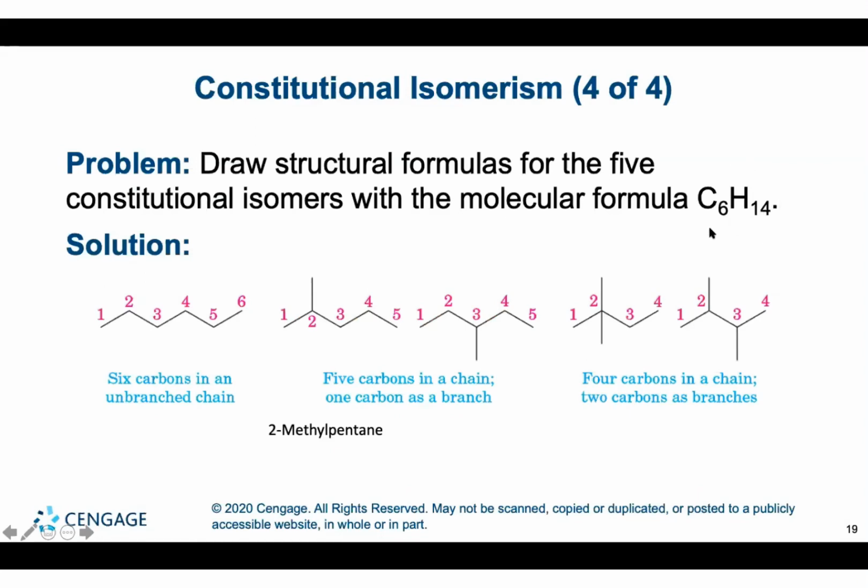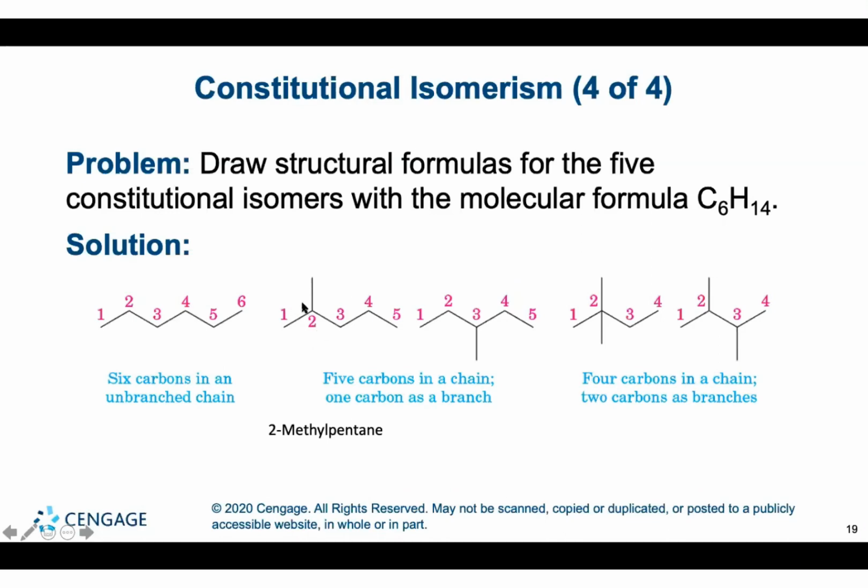So what's the first one we should do? The first isomer will be just straight, all carbons back to back. In the second one, you remove one of the branches from either side and put it in carbon 2 of the new compound.